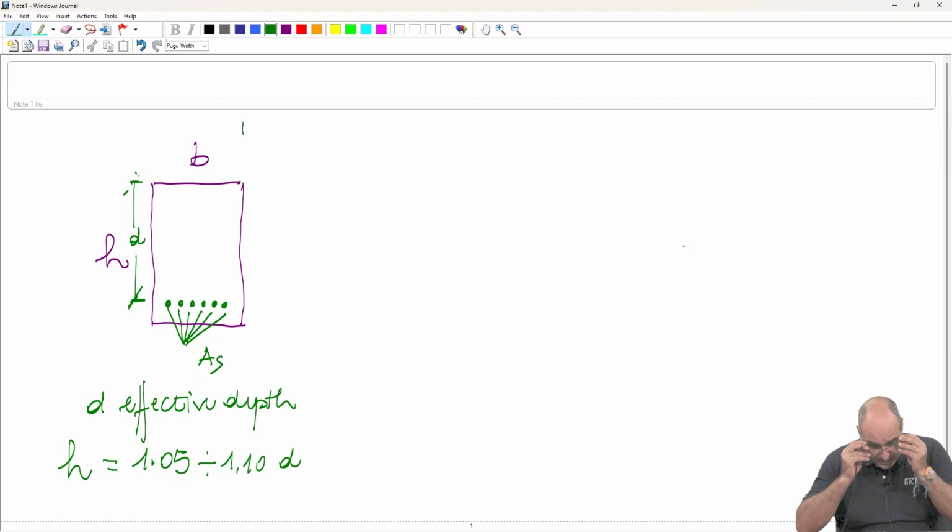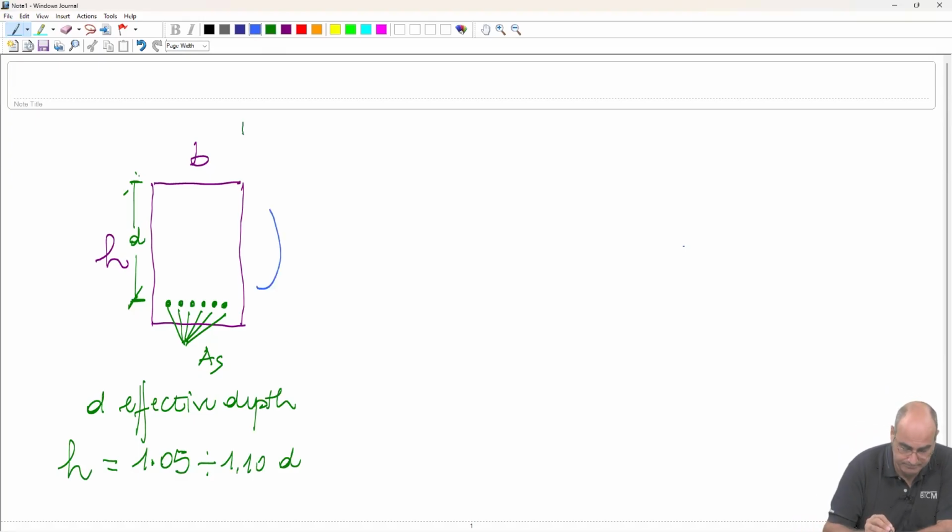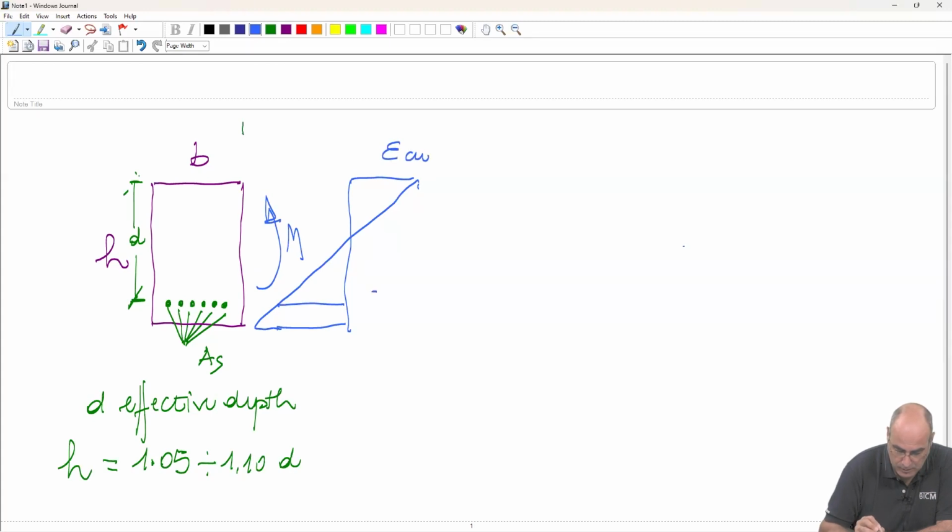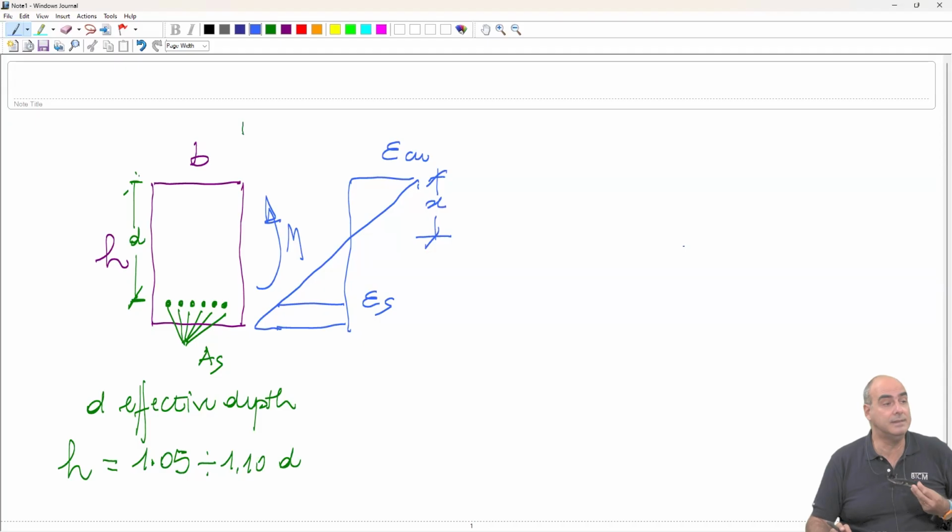Okay. If we have a bending moment, we know that we have a distribution of strains like this, linear, and this is the neutral axis depth x, and epsilon cu is the ultimate strain in concrete, which we have said can be 0.0035.